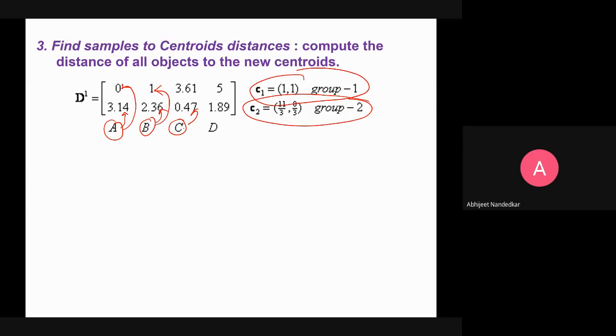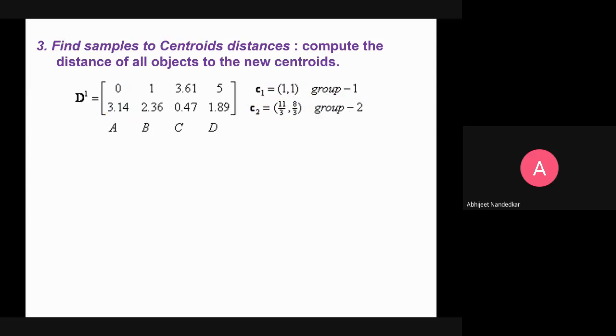For every data point, you find the distance to each newly calculated center, and write that in matrix form. The distance here is 0 because C1 itself is a centroid, and 3.14 is the distance from this point to C2, that is (11/3, 8/3).